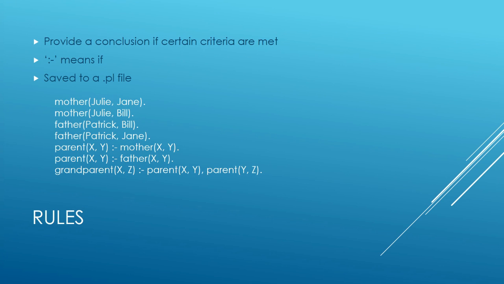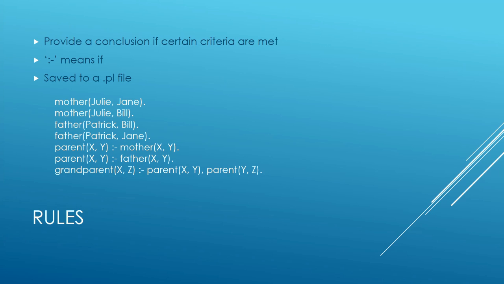Building on top of facts, we have rules. Rules allow the language to provide a conclusion if certain criteria are met. Looking at lines 5, 6, and 7 of the code, we see that X is a parent of Y if X is a mother of Y, or X is a parent of Y if X is a father of Y. Lastly, we have X is a grandparent of Z if X is a parent of Y and Y is a parent of Z. Notice how the comma represents and.